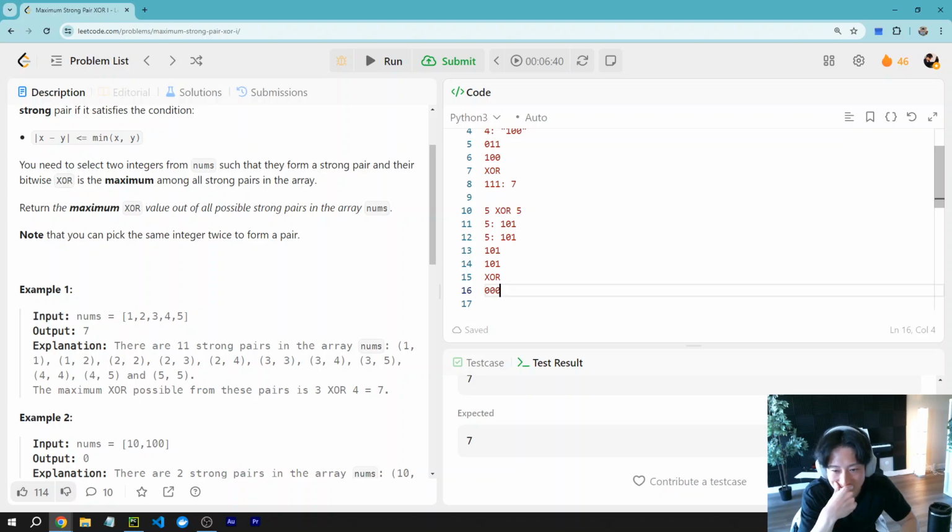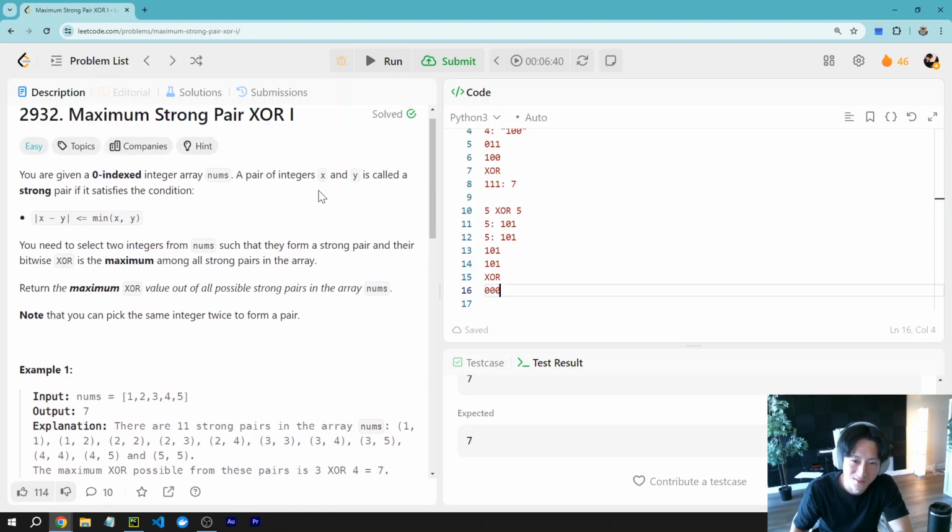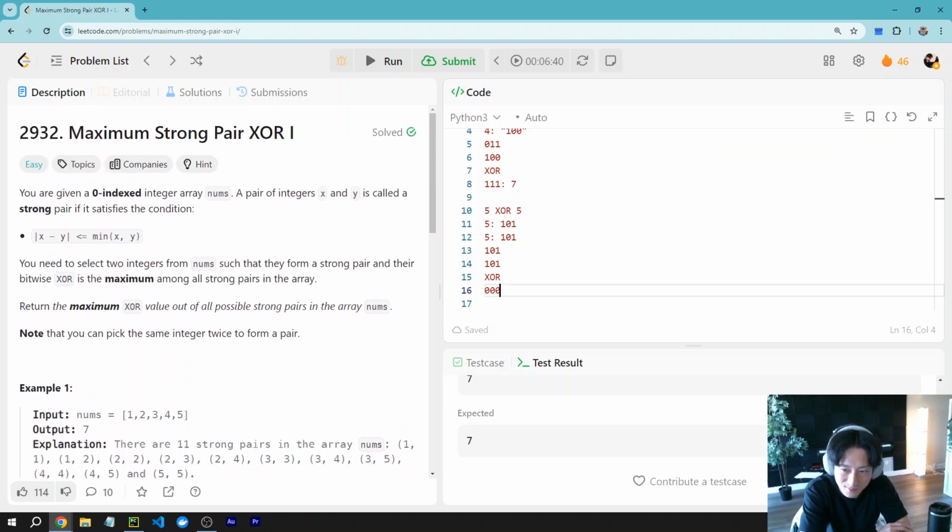From the XOR, I cannot think of a way to skip the number of XOR computations, but maybe I can think of a strong pair optimization. How can I do it?